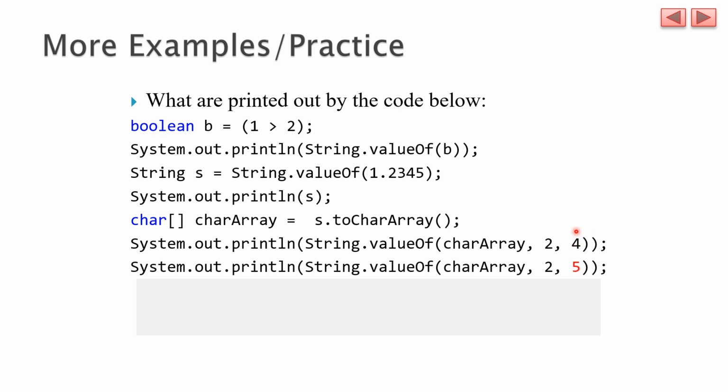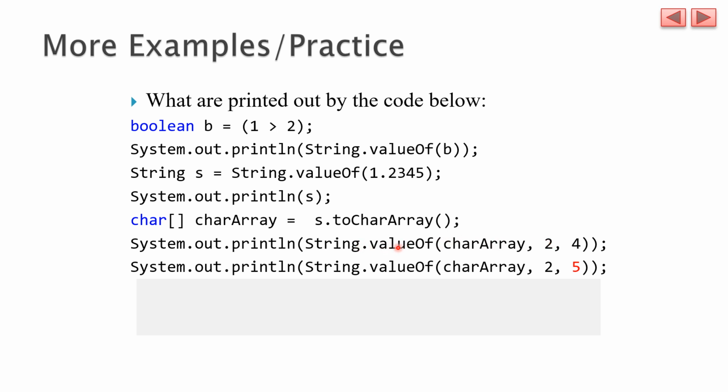Recall that the last argument indicates the number of characters in the subarray, and the second argument, which has a value 2 here, indicates the starting index of the subarray.